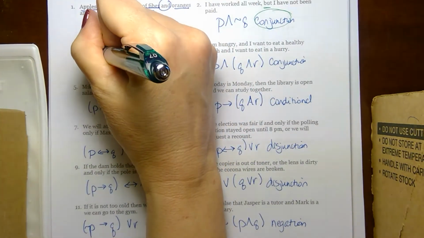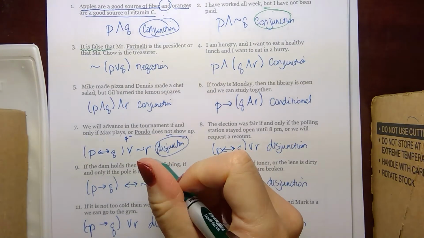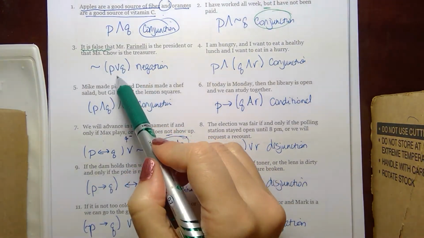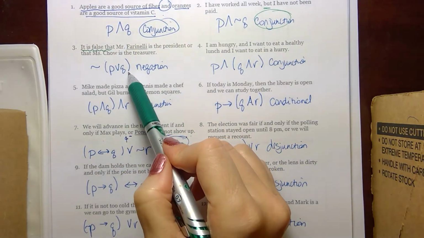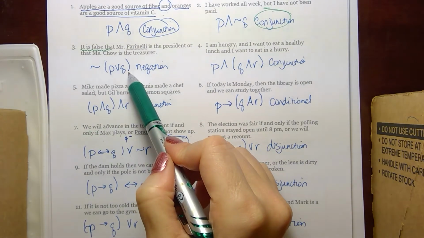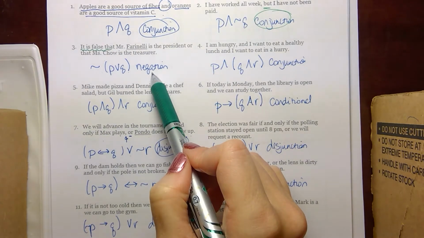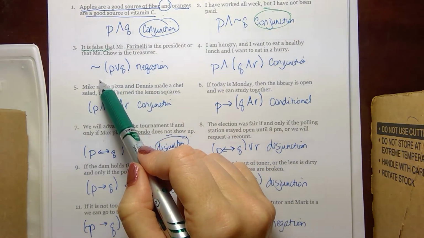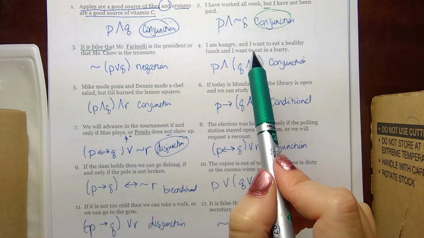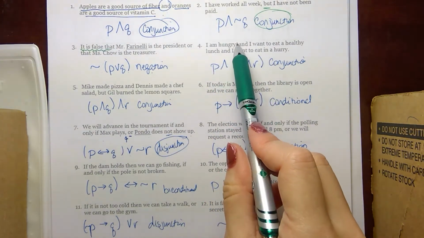Anytime I see it is false that or it is not the case that, I know I have a negation. So inside parentheses, it is false that sets up my inside parentheses. Mr. Farinelli is the president or Miss Chow is the treasurer. The only time I label a compound as a negation is when that negation is the only thing that takes place outside the parentheses.